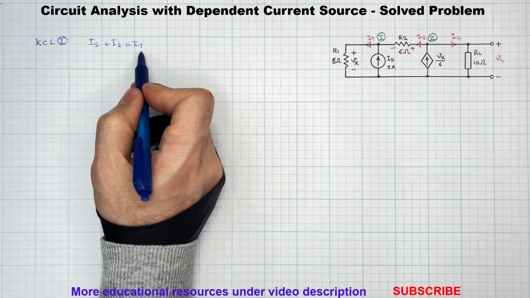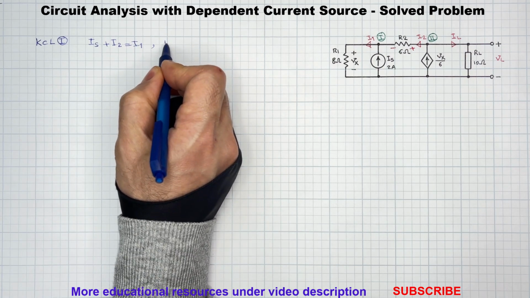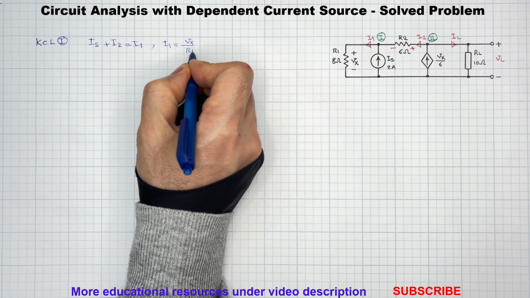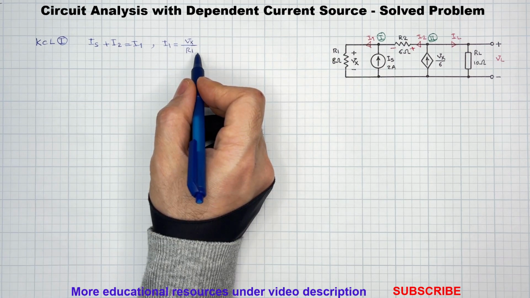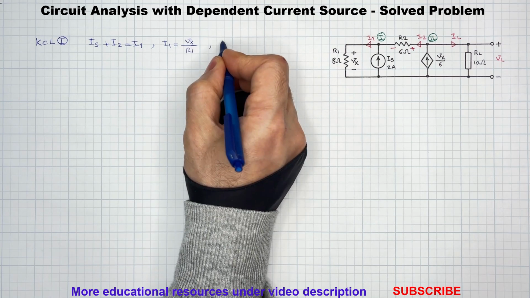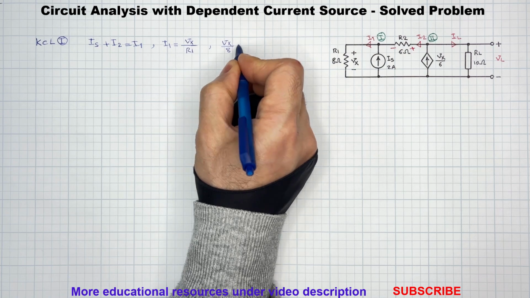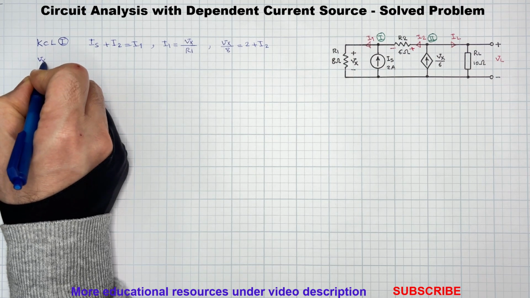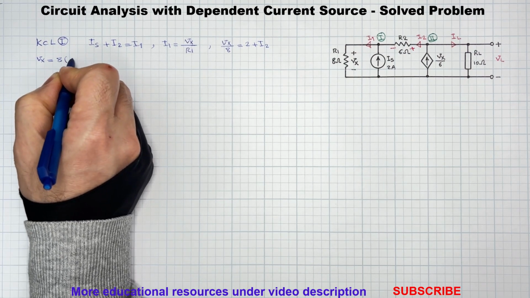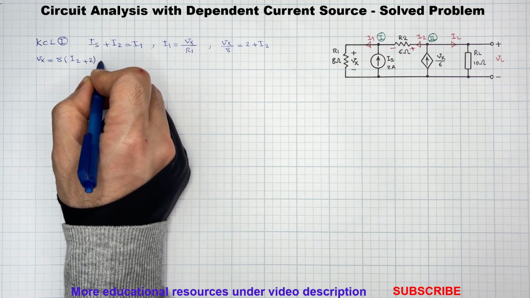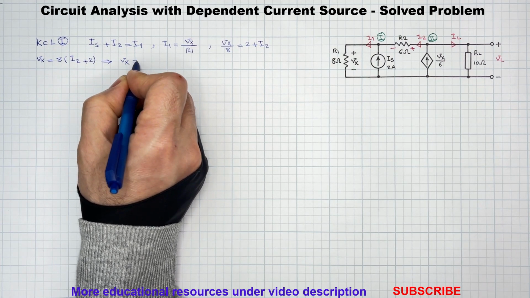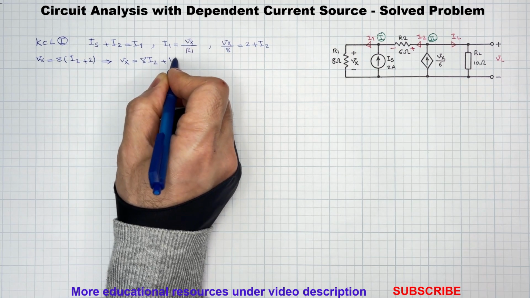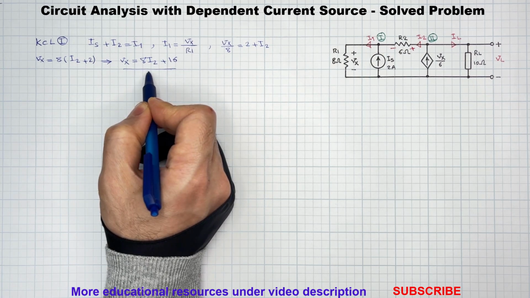For I1, by Ohm's law, we will have, by substituting the values into the KCL equation and rearranging, we will get, let's call this equation A.